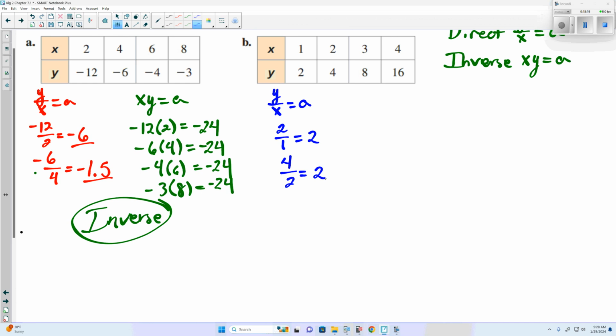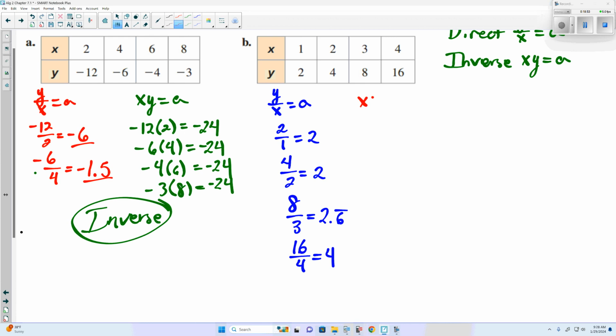So we can say that this is direct variation, yes? No. Because what's our next one? So it started out looking like this was direct variation. But once we went out 3 spots, it went away from that. And especially if we continued on, 16 over 4 is 4. It is not direct.